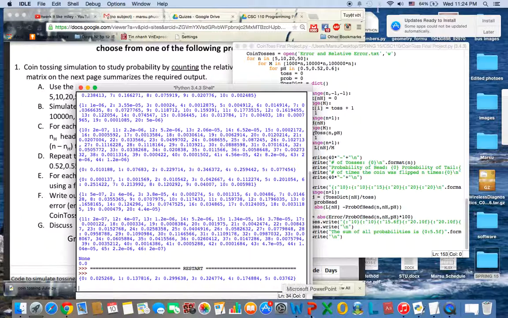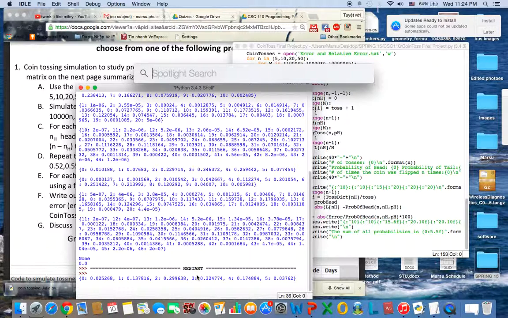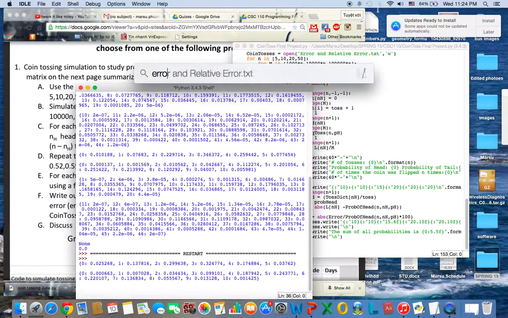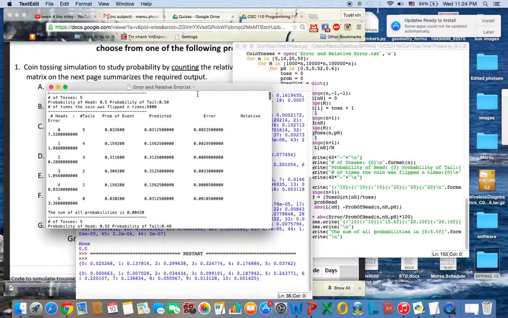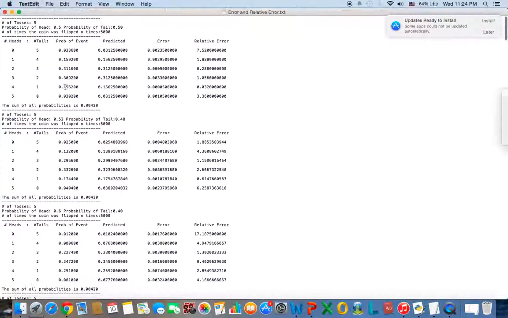So let's see the error and relative error. Here the head is in 5 tosses. The head is 5, the tail is 0.